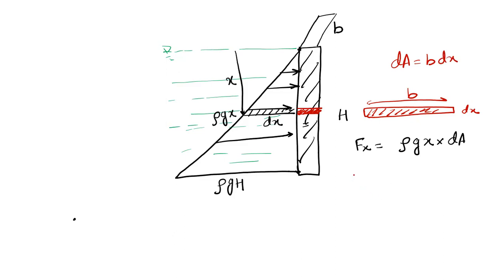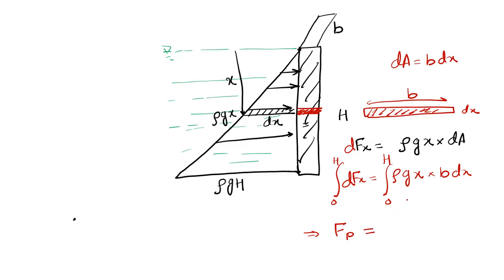So if I calculate dFx, it is rho g x into b dx, right? That is the elemental force. If I integrate throughout from 0 to h, this will give me the complete final force due to pressure.